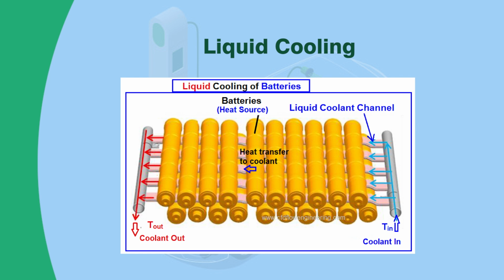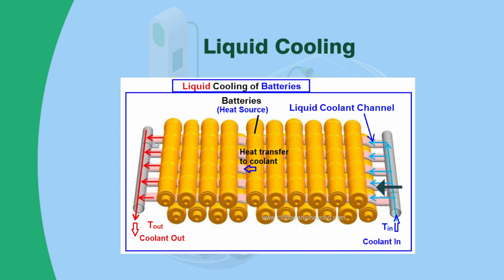If we observe the figure clearly, the batteries, which are the heat sources, are placed, and the liquid coolant is passed through channels in between the battery packs. There is a coolant flowing, and in between the battery cells you can see the channels carrying that liquid coolant.